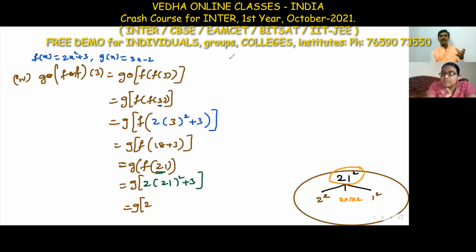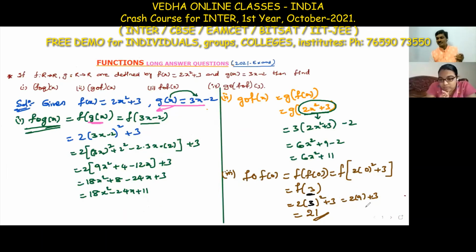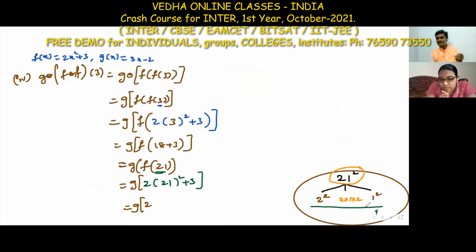Very simple, this gives you the answer. 1 square is 1, and 2 ones are 2, then 4, so 441. And 2 square is 4. Like this, we can find any number's square.